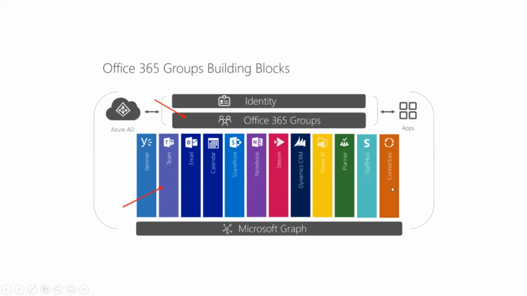All these apps are available in the Office 365 groups, and on top of that we have an identity. With that identity, you need to pass in a valid token to Microsoft Graph API and get access to all this information.